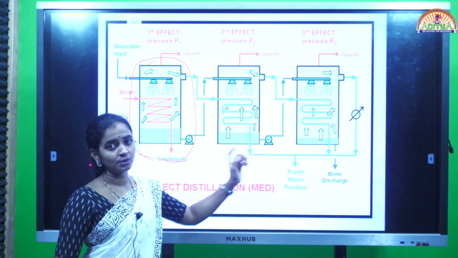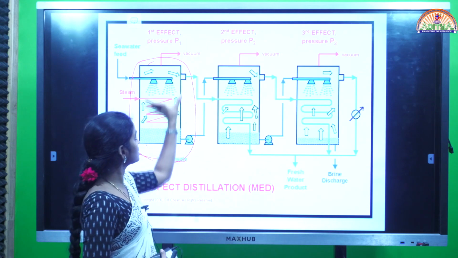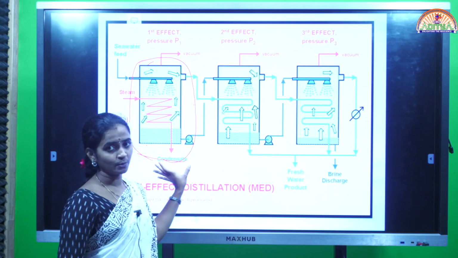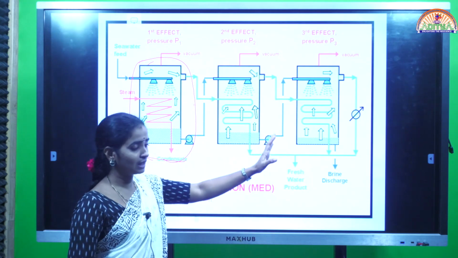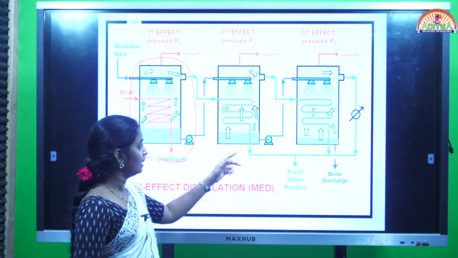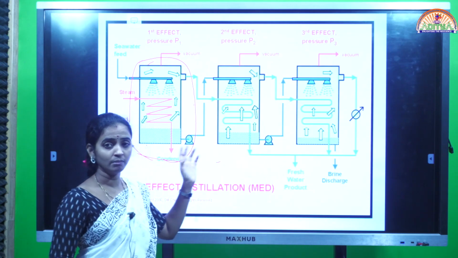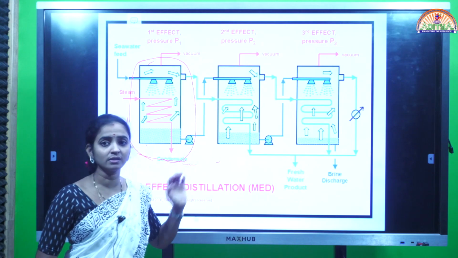Batch process means a single equipment. Here we connect a number of stills serially, and generally 3 are shown in this diagram, but we can connect up to 7 stills.